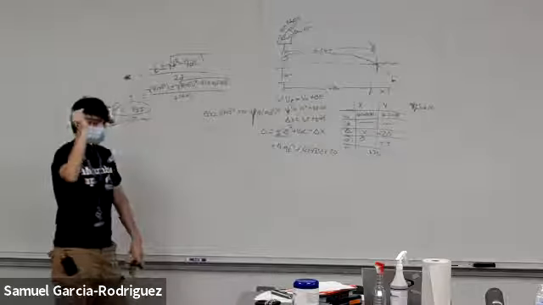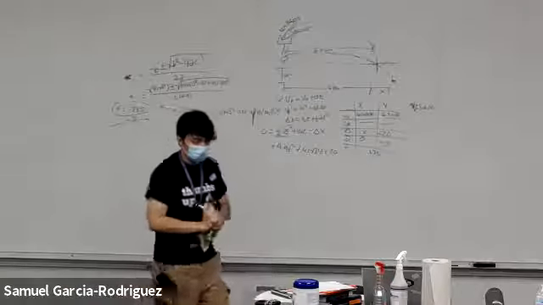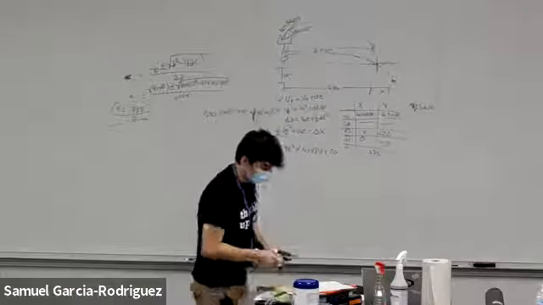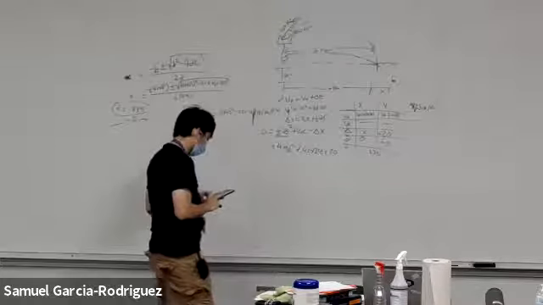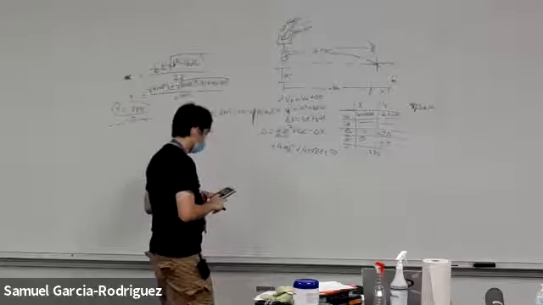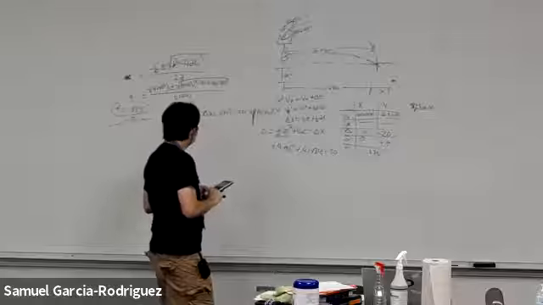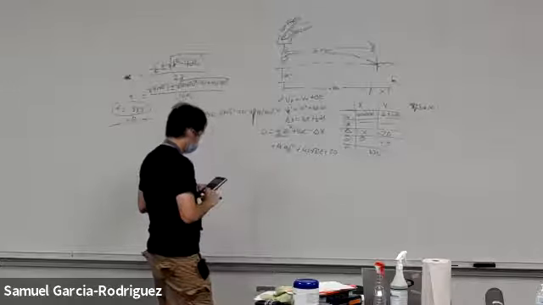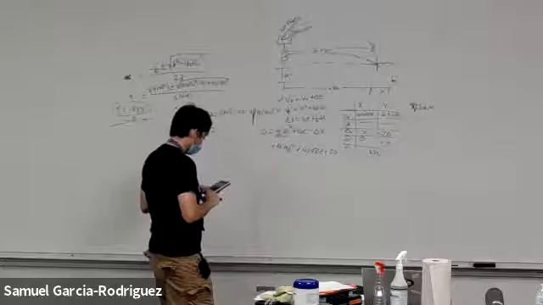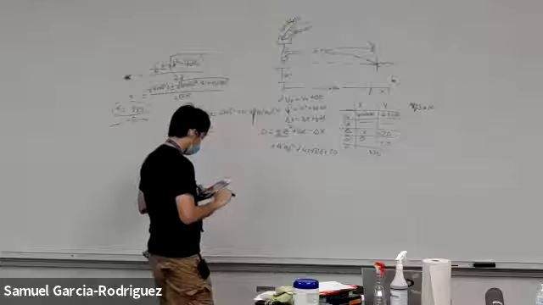I don't remember what it was. 41 times square root of 2 times 0.335 plus 4.9 times 0.335 squared.